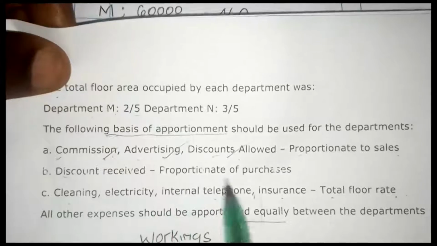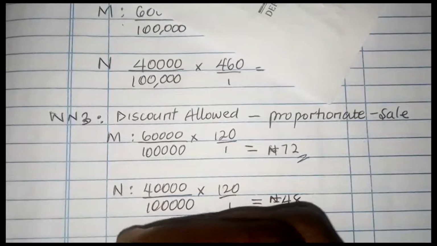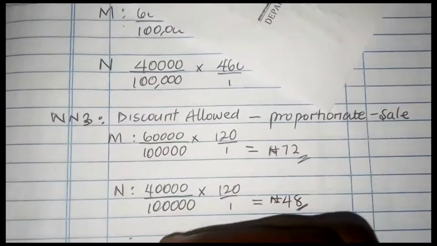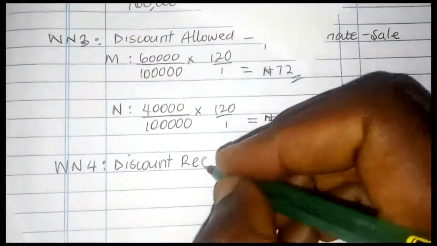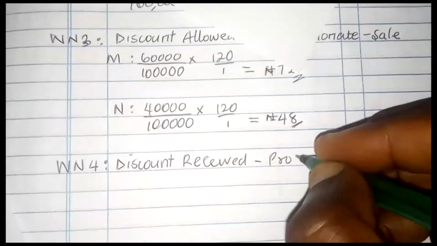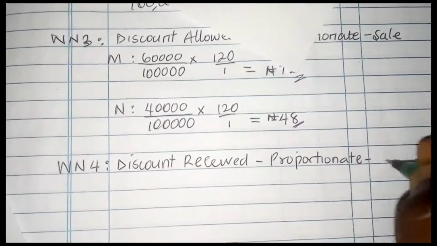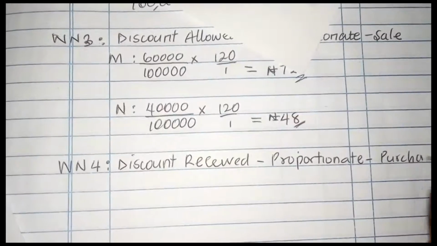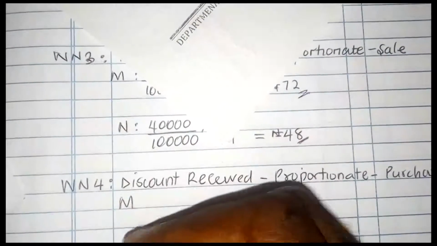Then the next one is discount received, proportionate to purchases. So we have working note 4, discount received, proportionate to purchases. You have to indicate what you have used for M. What's our purchases figure?